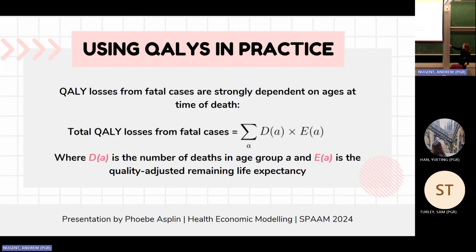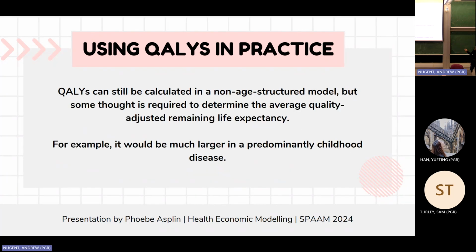This is summing over all of our age groups, which, if you were to apply this to your results from an infectious disease model, you would need your infectious disease model to be age structured. That's not always necessarily the case, although most of the time when health economic analysis is performed, you would make that kind of segregation. It's still possible to calculate these QALY losses from fatal cases.